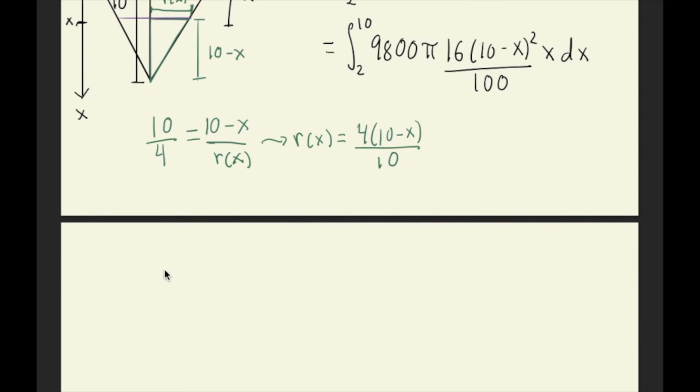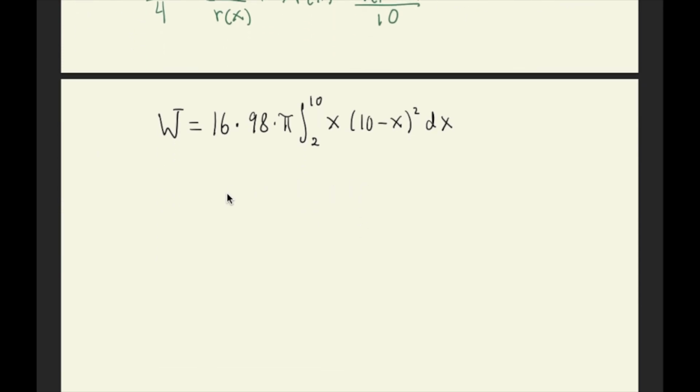So the work required will be 16 times 98 times pi times the integral from 2 to 10 of x times (10 minus x) squared dx. Right, so these canceled. All right.